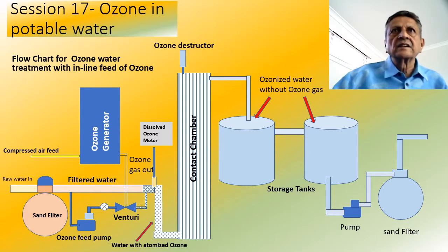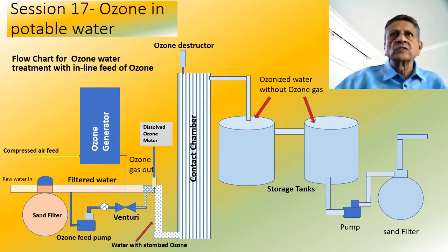This slide incorporates treatment of water with ozone using the inline feed. The raw water goes in through the sand filter and is filtered, and as it is being filtered it goes to the contact chamber, and ozone is fed through the venturi.